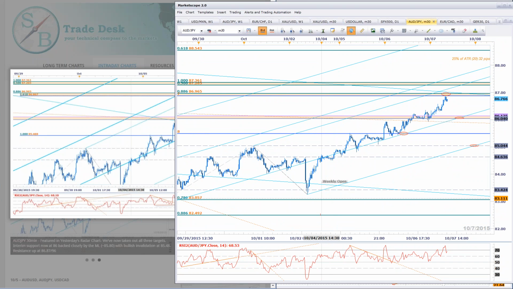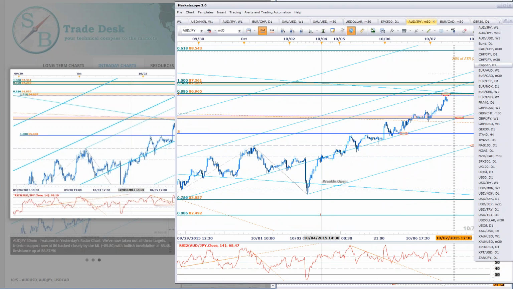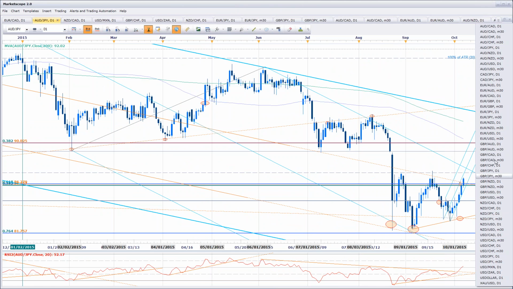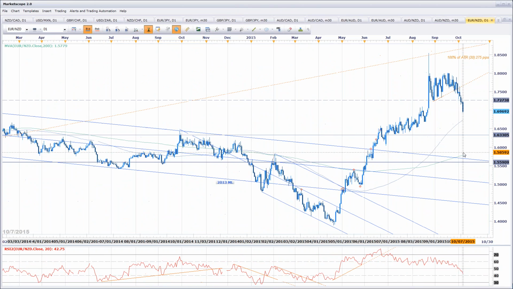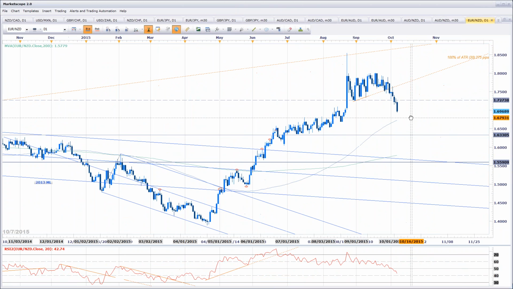Any questions on that? Mark Haverman says Euro Kiwi coming into support around 196. Let's see. Not a trade I've been following as of late, as you can see here.